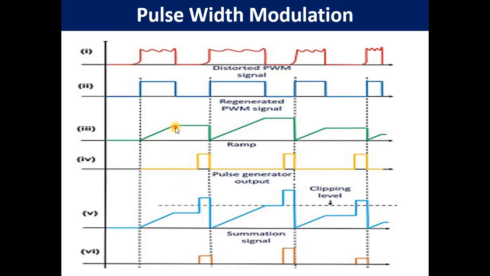Now, when these two signals, ramp and pulse generator, get added by the adder block, we form the summation signal. What it indicates? Up to this portion, there is no overlapping, due to that it is a linear slope.